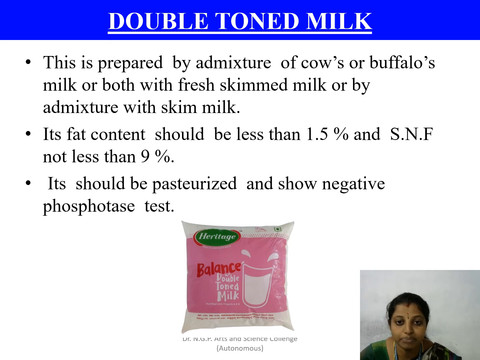This is prepared by admixture of cow's or buffalo's milk or both with fresh skimmed milk or skim milk powder. Its fat content should be less than 1.5% and solids non-fat should not be less than 9%. It should be pasteurized and show a negative phosphatase test.